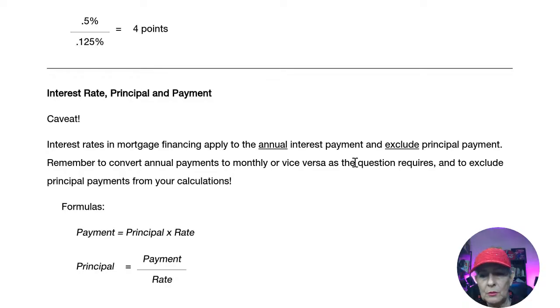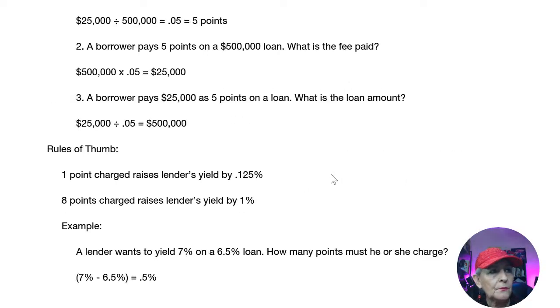Okay, well, how did we get 0.125? Because 1 point, okay, so he needs to increase his yield by 0.5%. 1 point equals 0.125. You didn't have to calculate that.